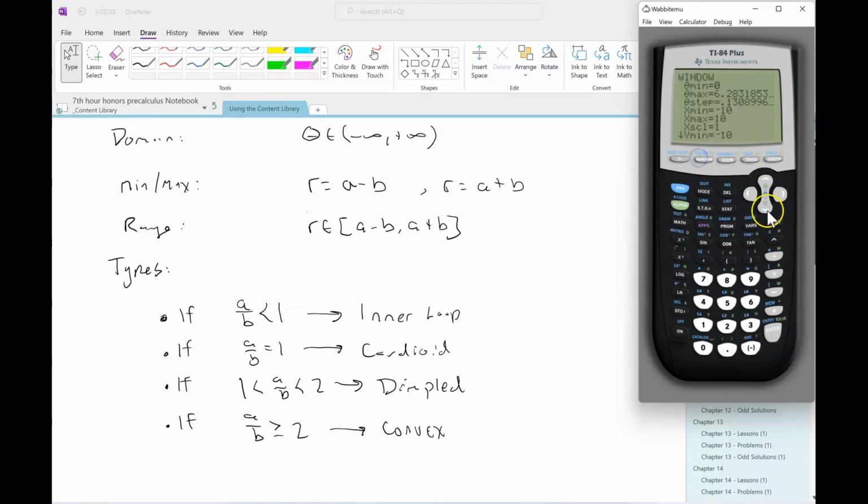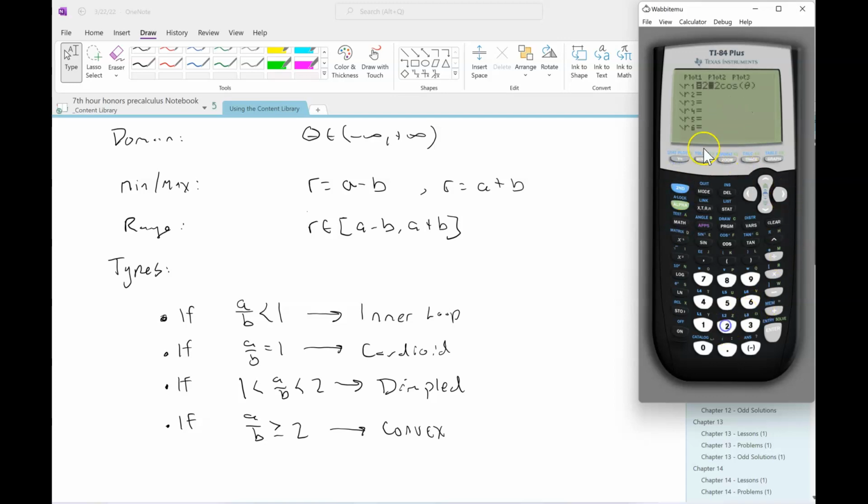I'm going to resize my window too. That's kind of far away. Okay. So there's my inner loop. You saw the loop on the inside that it made. So there's an inner loop.